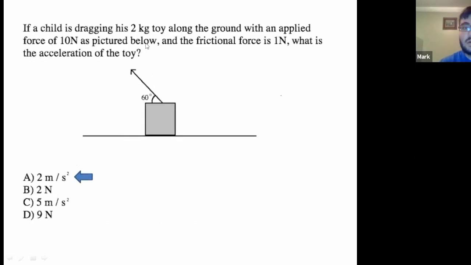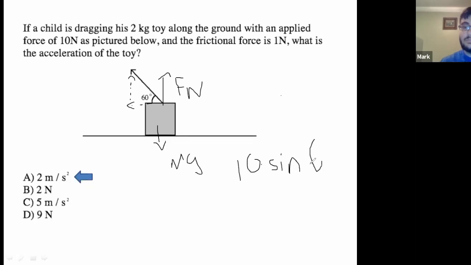Like in this case, I actually incorrectly said at the beginning, normal force is equal to mg. It's not, because if you notice, mg is going down. This is a y component of the applied force, right? Equal to 10, which is the applied force, times sine 60.